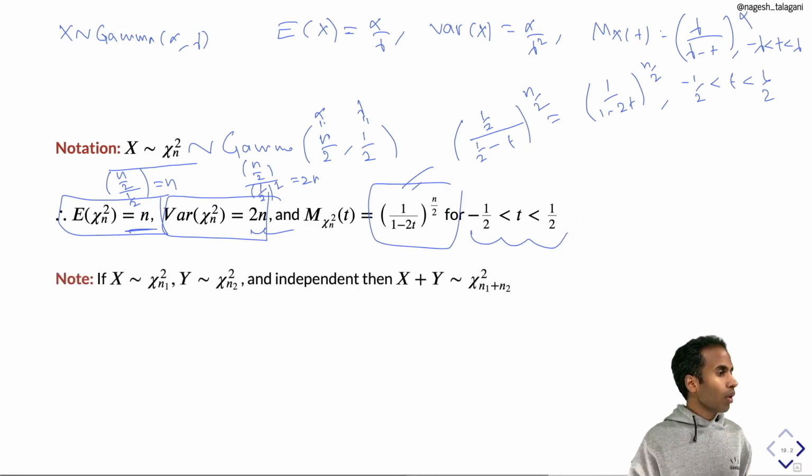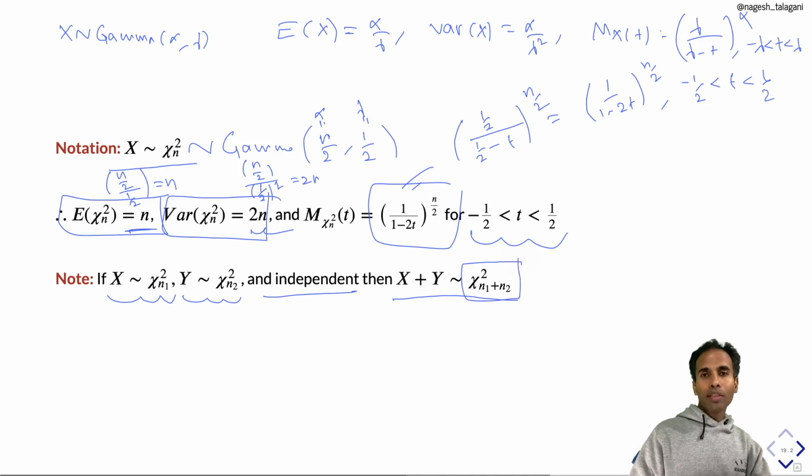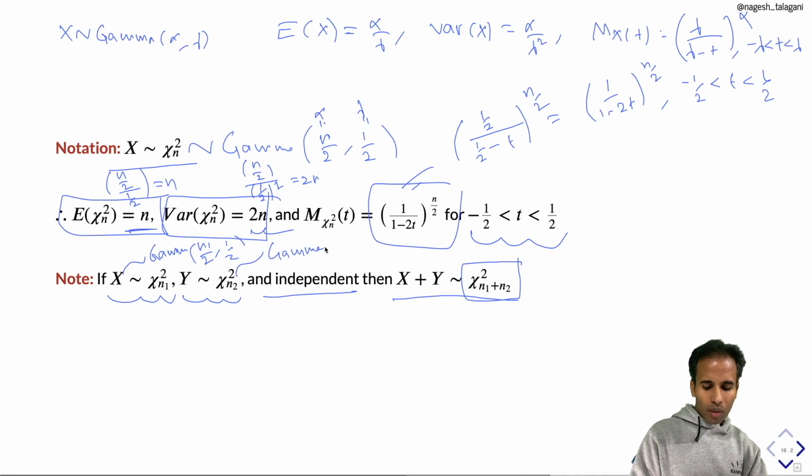Note, if x follows a chi-square distribution with n1 degrees of freedom, y follows a chi-square distribution with n2 degrees of freedom, and x and y are independent, then x plus y follows a chi-square distribution with n1 plus n2 degrees of freedom. Because the chi-square distribution with n1 degrees of freedom is nothing but gamma with parameters n1 by 2 comma 1 by 2, and with n2 degrees of freedom it is gamma with parameters n2 by 2 comma 1 by 2.